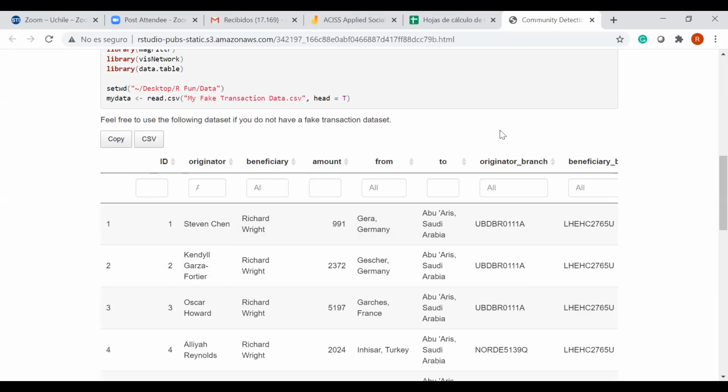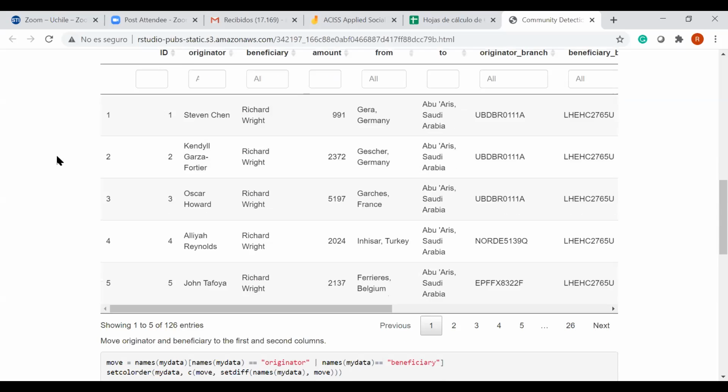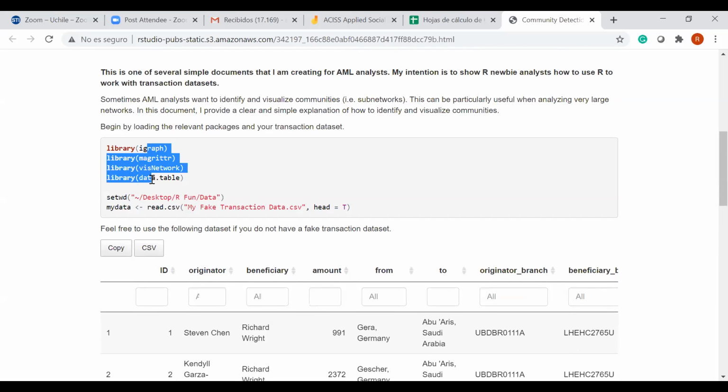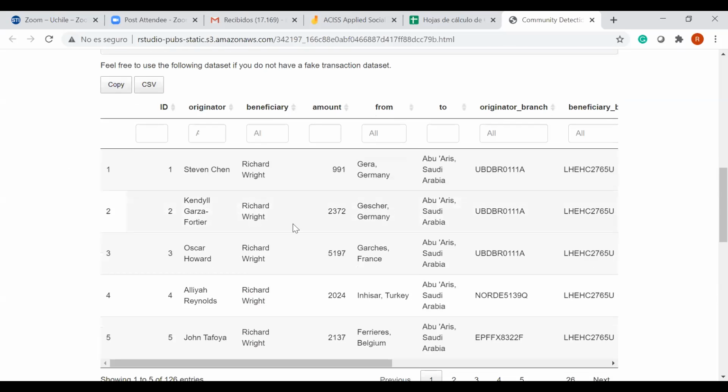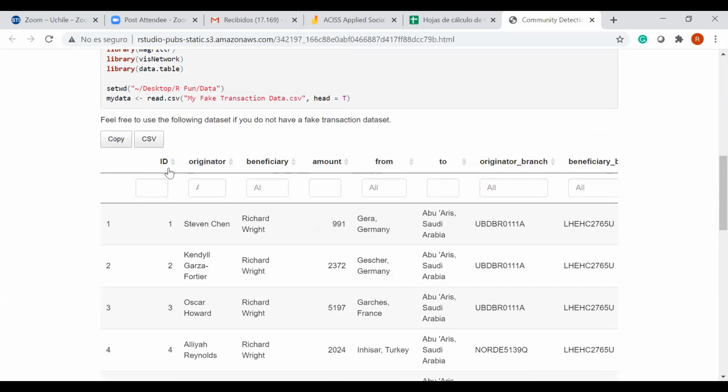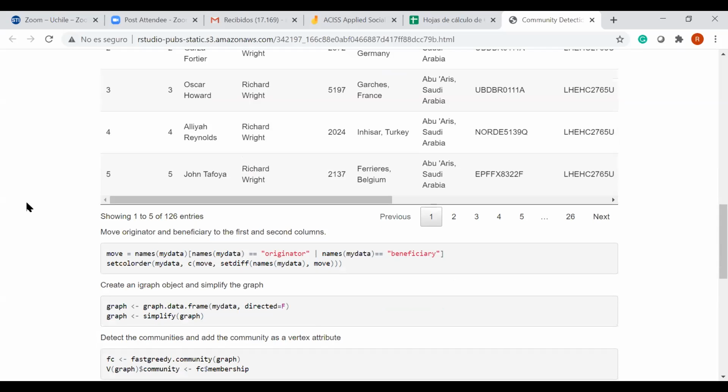So the author of this webpage offers R code. Okay, so we have pieces of R code here, and he also offers a social network. You don't have to build your own social network. You can use that social network. You can download the data for this fake transaction data set. Okay, I think it's 126 nodes.